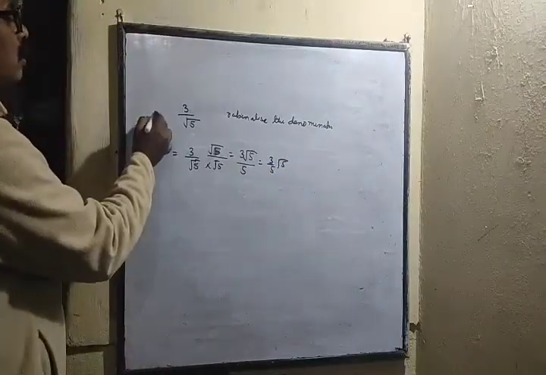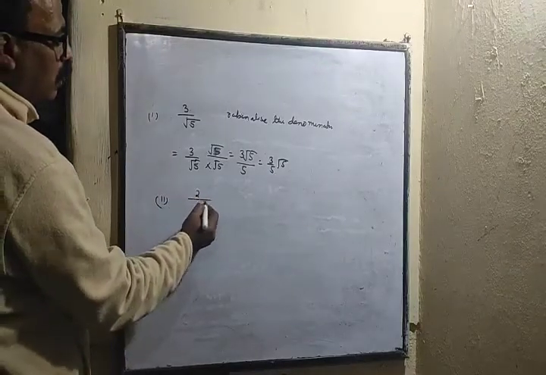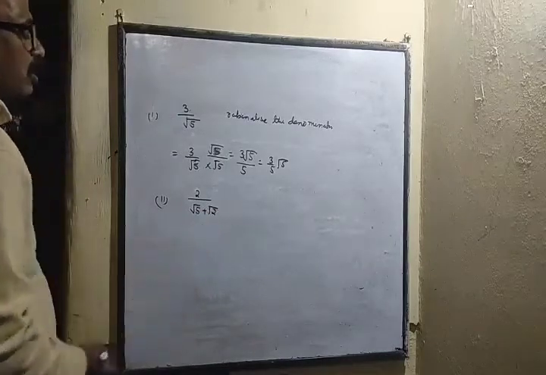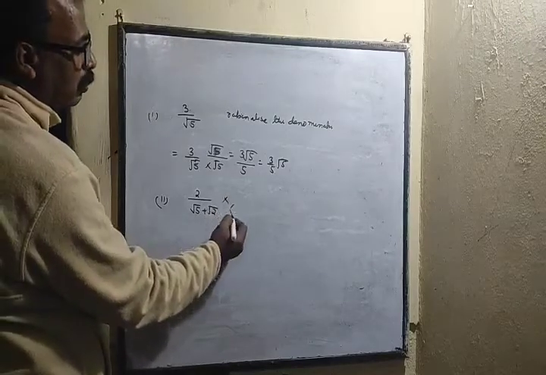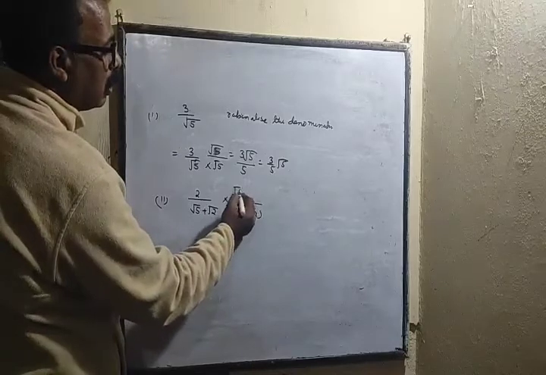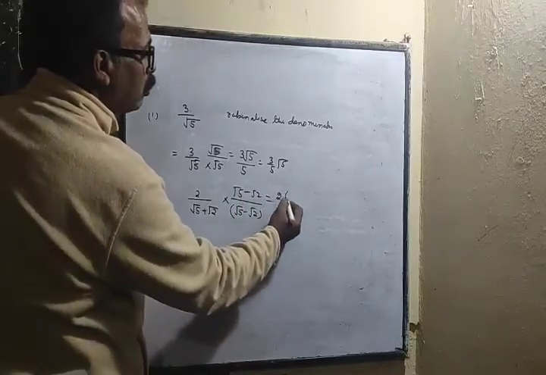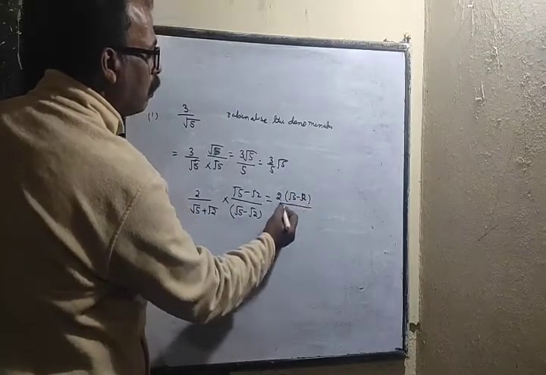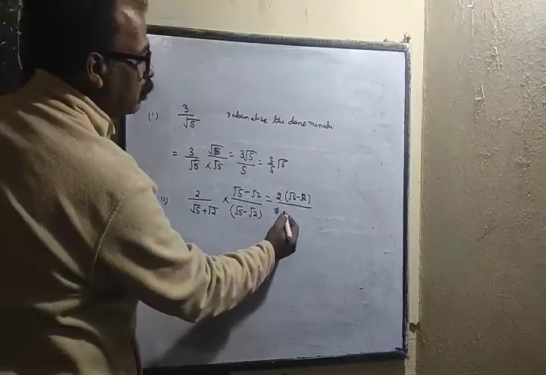Consider one more example. It is given 2 by root 5 plus root 2 and you have to rationalize the denominator. So it is a plus b, so we'll multiply by a minus b, meaning root 5 minus root 2, here and here. So the numerator will be 2 into root 5 minus root 2, by a plus b into a minus b, so it will be a square minus b square.